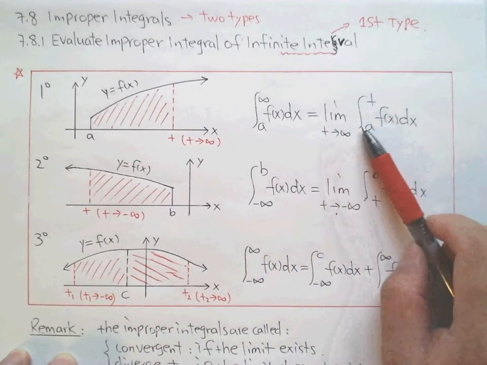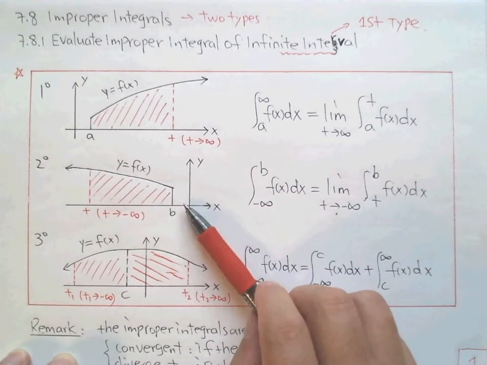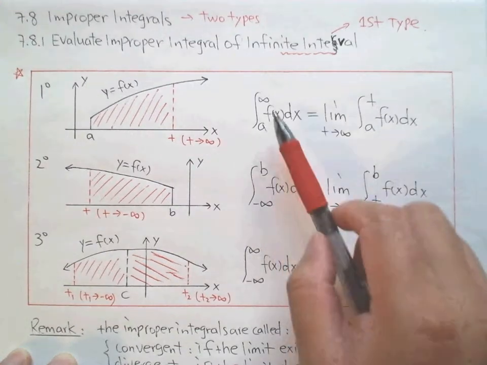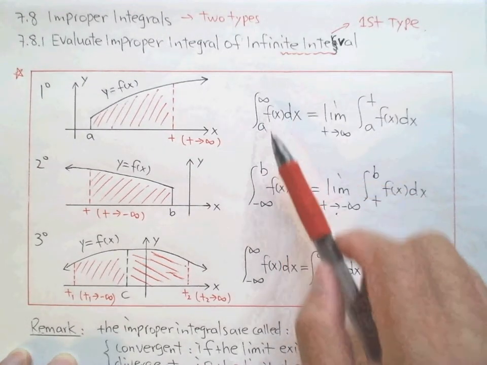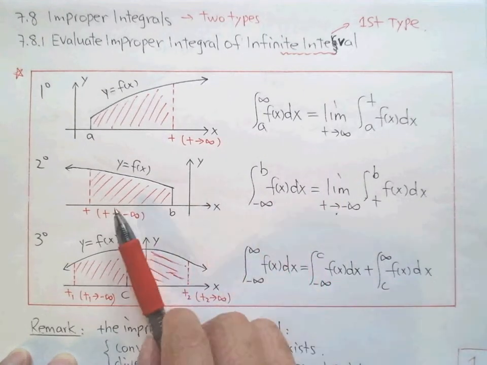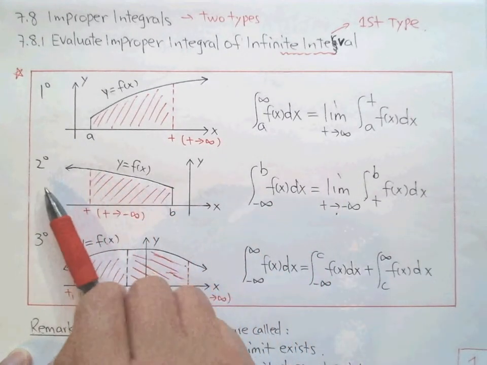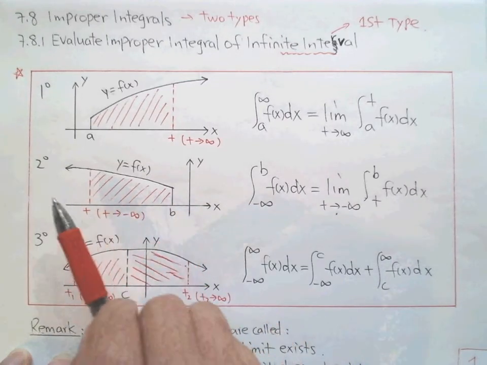We get this idea. The first case has the upper limit at infinity. In the second case, the lower limit is negative infinity, which means we want the area under the curve from negative infinity to b. How to define it? Still a similar idea.